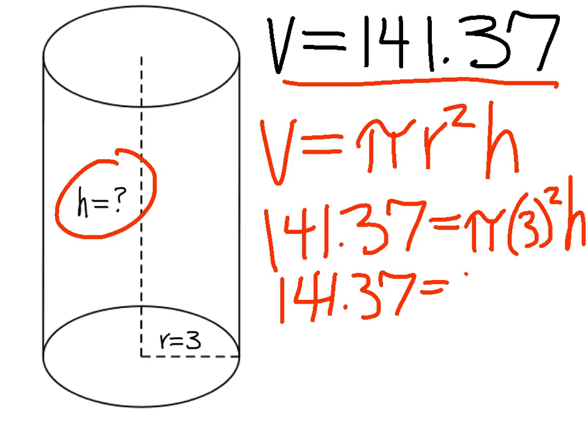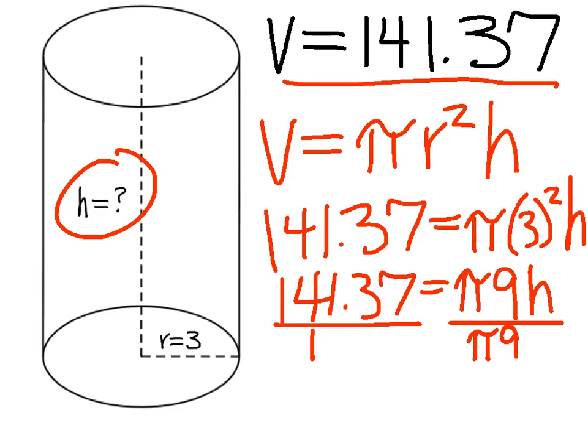What's 3 squared? 3 squared, guys, come on. 9. Okay, good. Now we want our height by itself, so that means we're going to divide by whatever is multiplied by our height. Our height's multiplied by pi times 9, so we need to divide by pi times 9 on both sides.